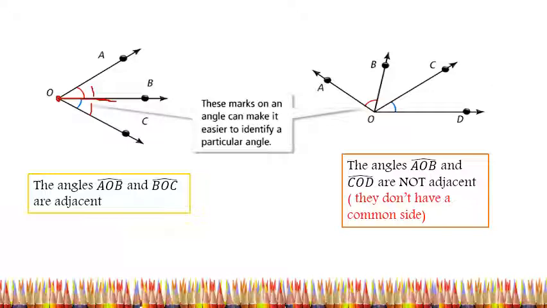If we look here, I have an angle AOB and another angle COD. They have the same vertex, but they don't have a common side. AOB has sides AO and OB, and COD has rays OC and OD. They don't have a common side, so no, they are not adjacent.